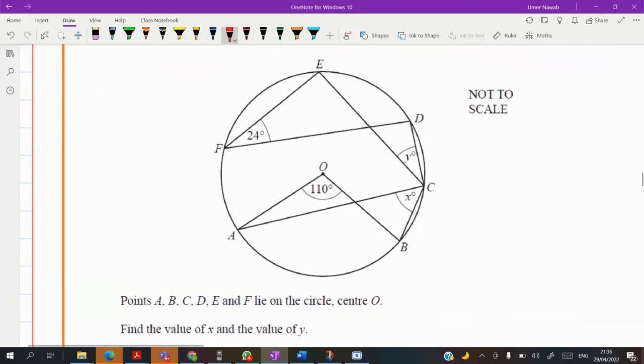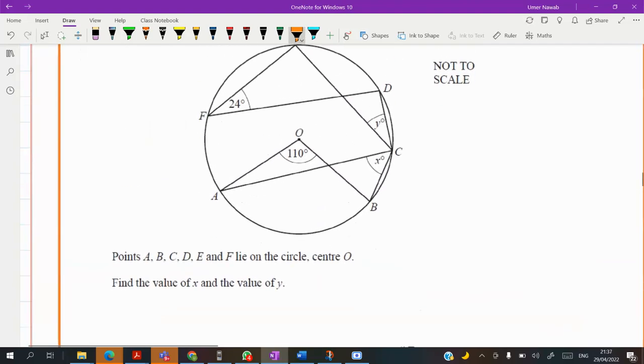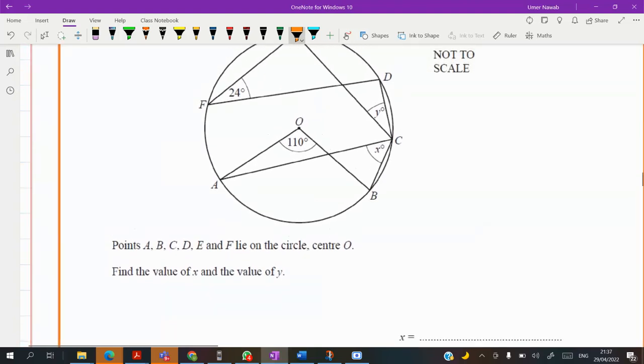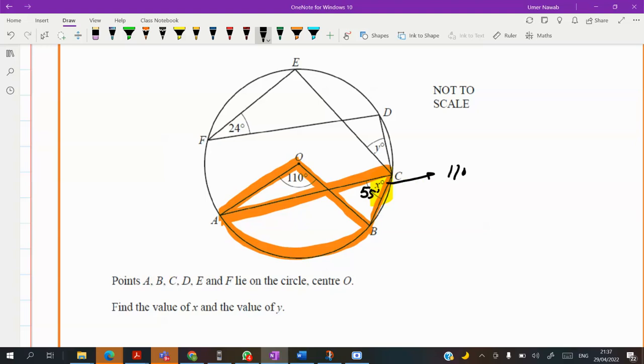Next, question number 19. He gave you a circle question in which we want to find x first. I think x is very simple, because he used this arc AB. Central angle is given and the angle at the circumference is half. So 110 divided by 2 should be 55.